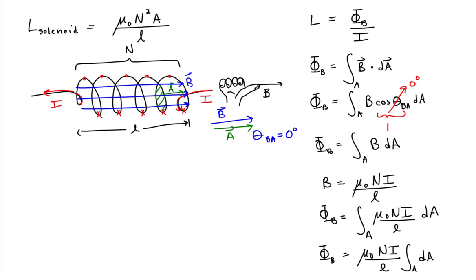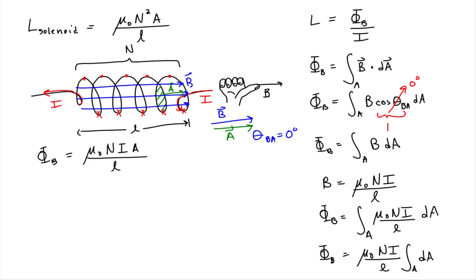And that integral is very easy to evaluate. The integral of a differential is just the quantity represented by that differential, in this case, the area. So we could write that the magnetic flux is equal to mu naught n, the number of loops, I, the current, A, the area of a loop, over L.